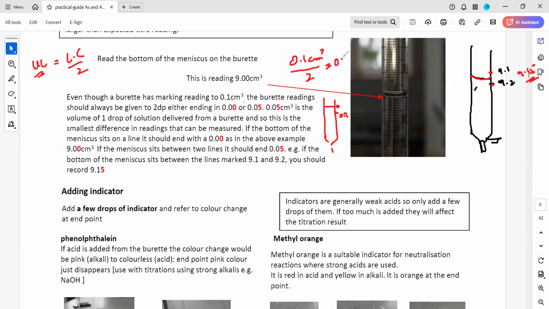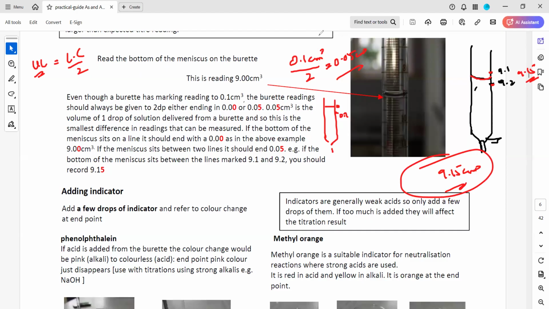You can also read 0.05 cm cube. How? Because the distance between the two markings is 0.1, but if the level is between the two, you can estimate that it is 0.05. So if the level is between 9.1 and 9.2, I can say it is 9.15 cm cube.